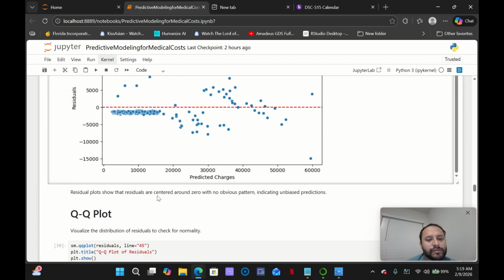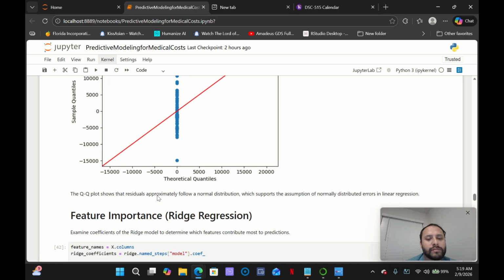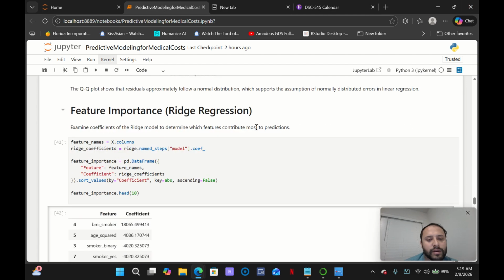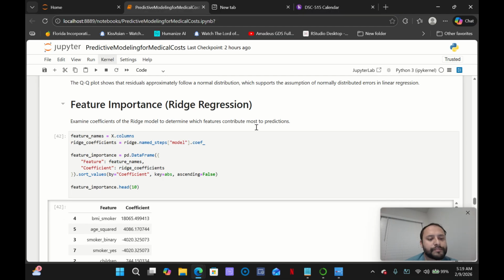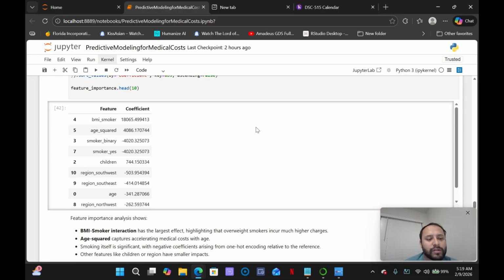In the residual and QQ plots, ridge regression showed no major deviation, indicating the model fits well. For feature importance, I assessed ridge regression coefficients.